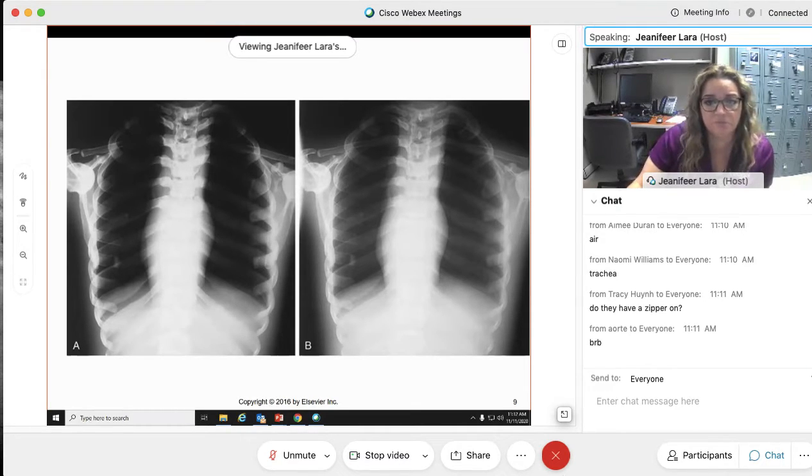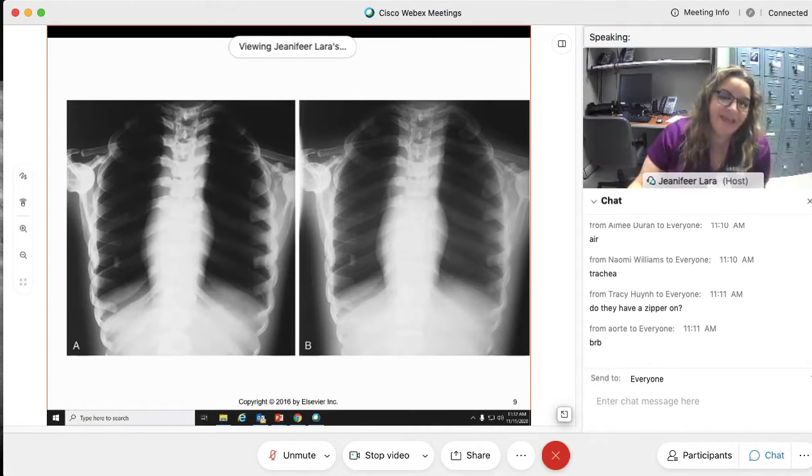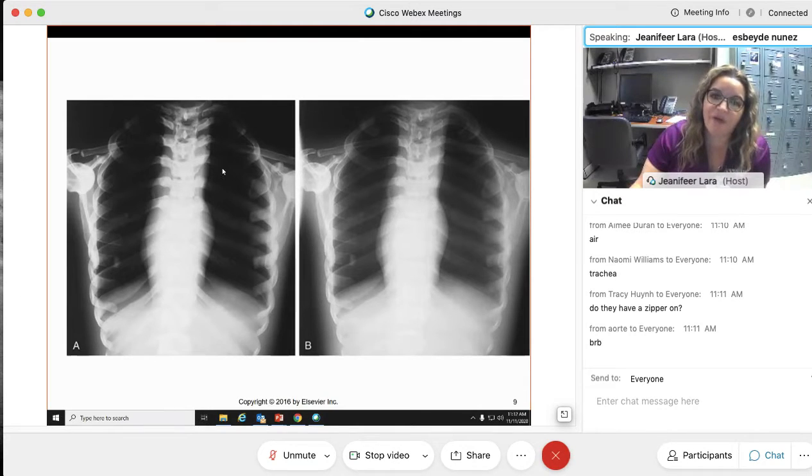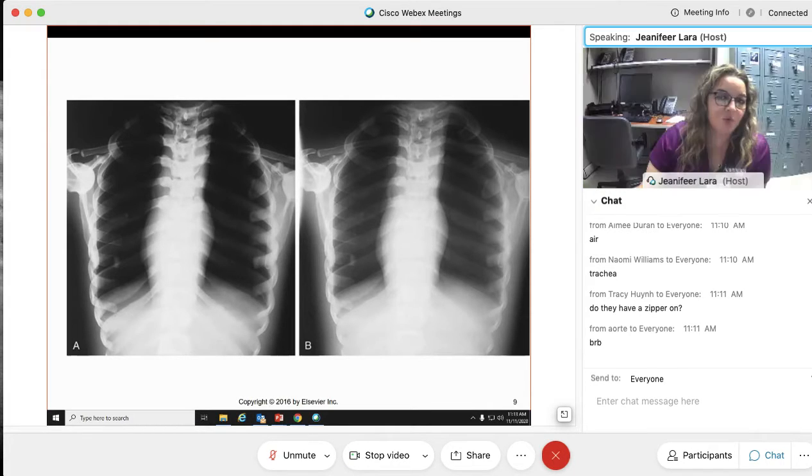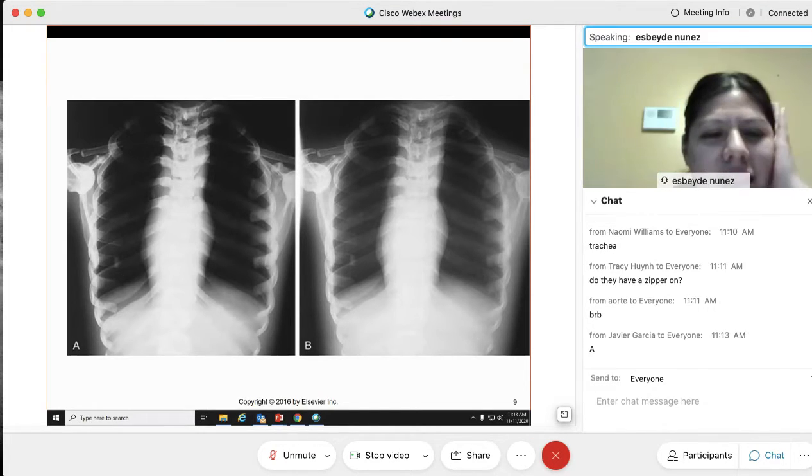Same phantom. What changed? Did they increase the kVp? They increased a technical factor, right? Which one, A or B, has more transmission? A. Very good.